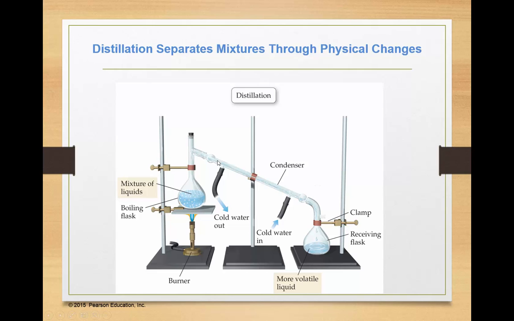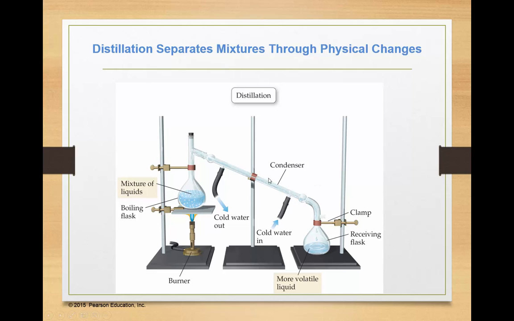Now, what we're doing here is we've created this condenser. It's basically an area of colder temperature. So what we're doing is putting cold water in. This is actually a jacketed two-part condenser here. So there's an inner tube through which the gas can pass. There's an outer sleeve through which we pass cold water.